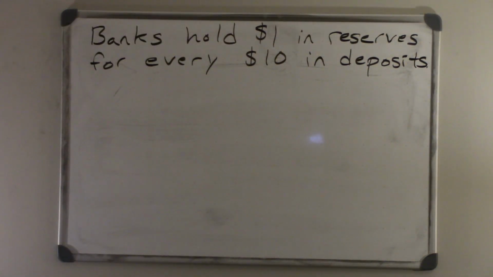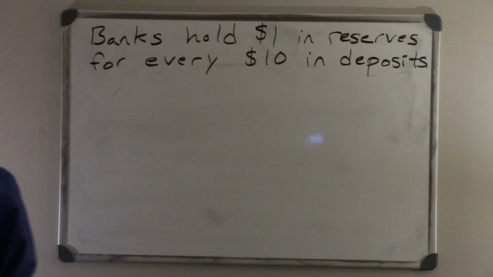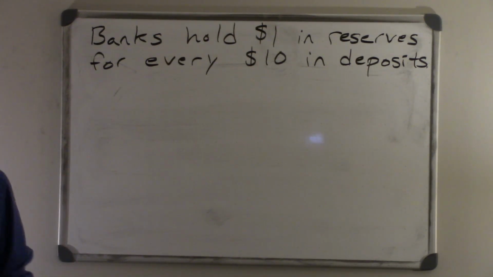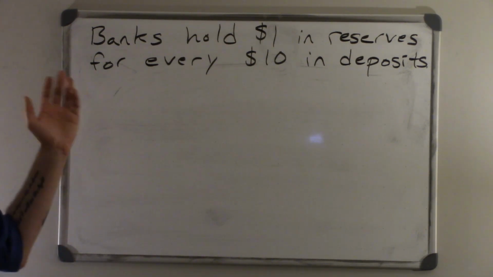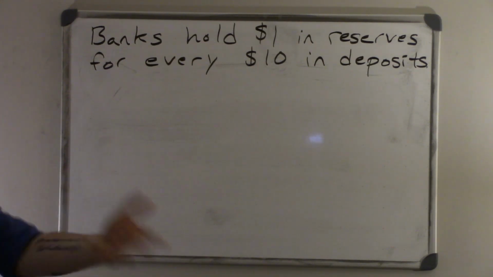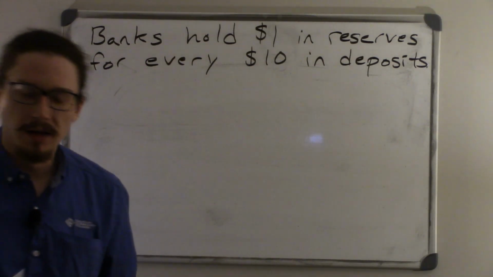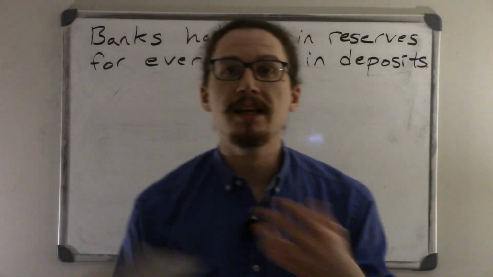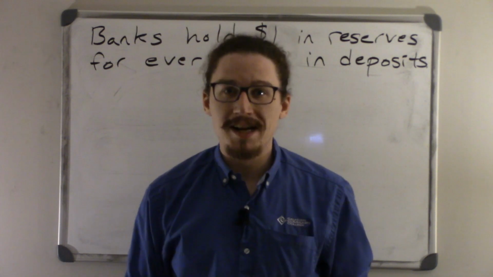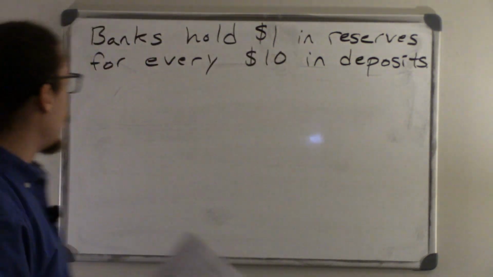And we're going to just say all banks do this. All banks hold exactly $1 for every $10 in deposits, for simplicity's sake, as we go forward. So again, you give them however much money, and they're going to take a tenth of that, hold it in reserves, and then the other 9/10 they're going to lend out.